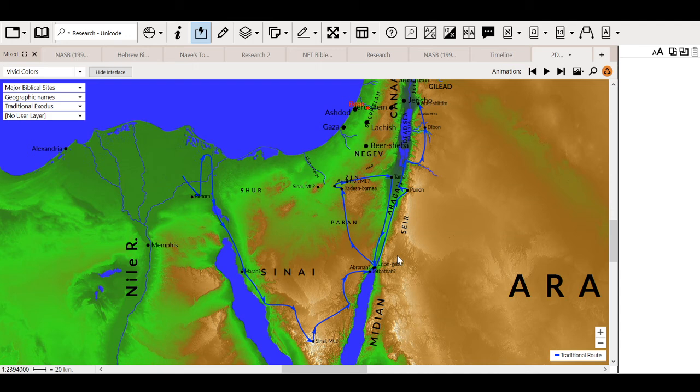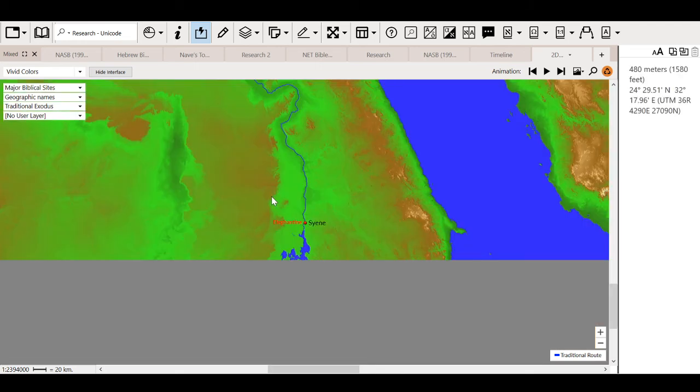It sounds like elephant. Elephantine. Let's look at it. Okay, Elephantine, where are you? Now that's Elephantine, right? My computer is a bit slow, but you can actually see Elephantine here.